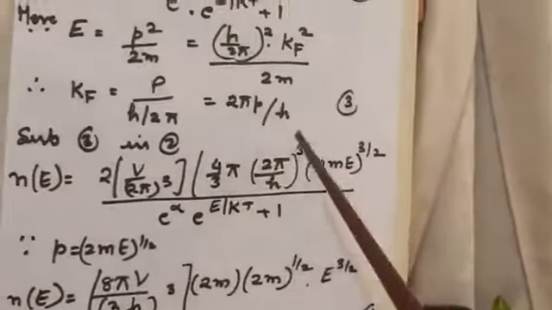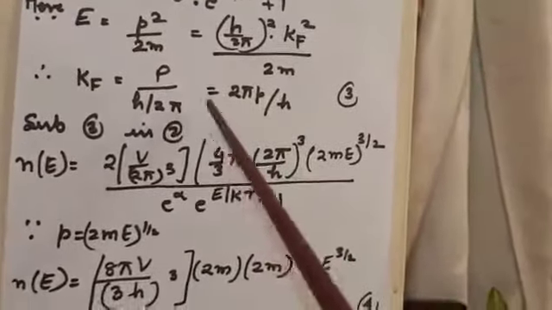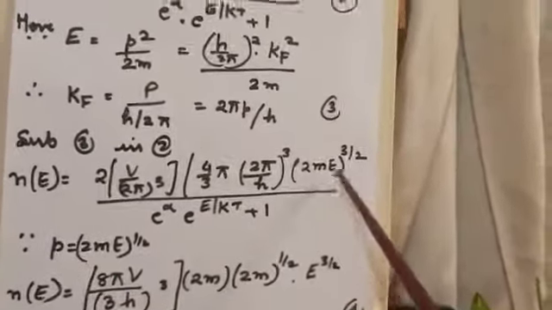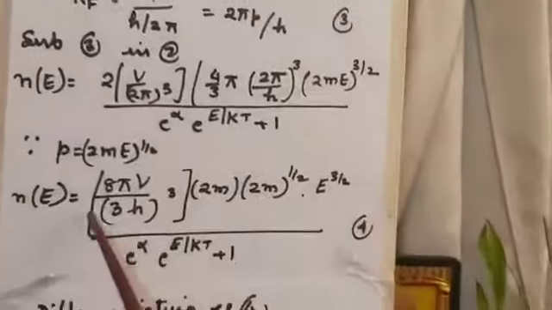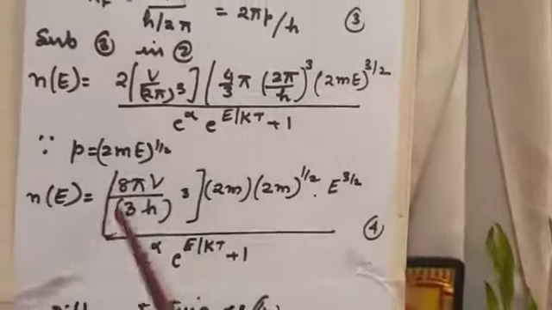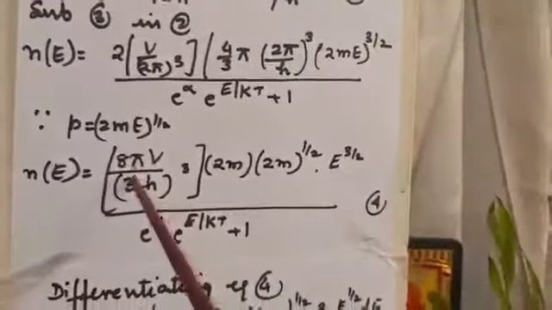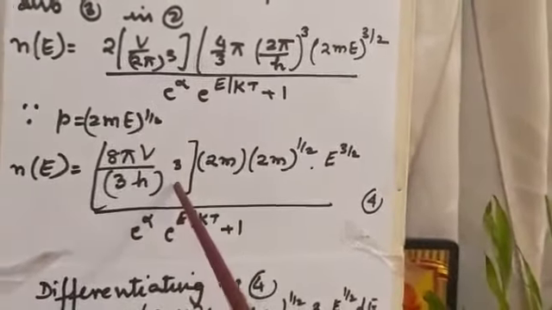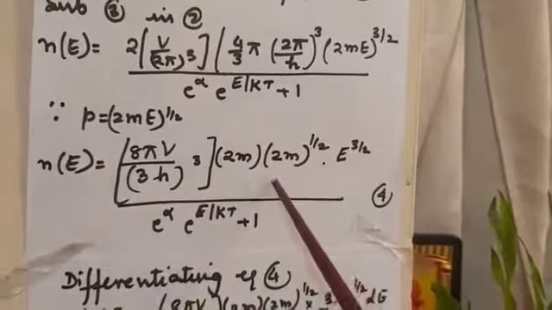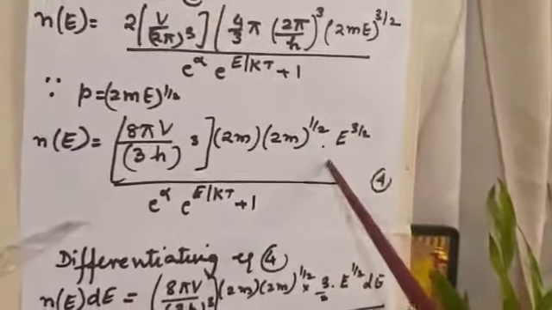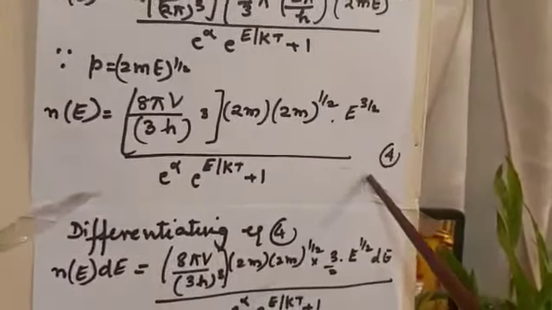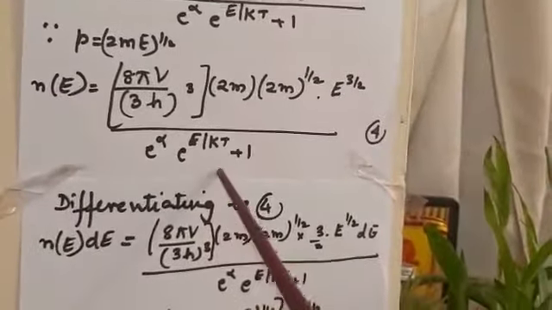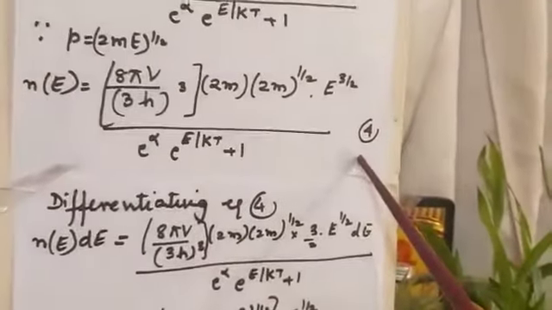Here p was replaced by 2mE to the power of half, so that term comes from there. Simplifying a little, I get Ne equals 8 pi V divided by 3h to the power of 3, into 2m to the power of 3 by 2, into E to the power of 3 by 2, divided by e to the power of alpha, e to the power of E by kT, plus 1, and this is my equation number 4.